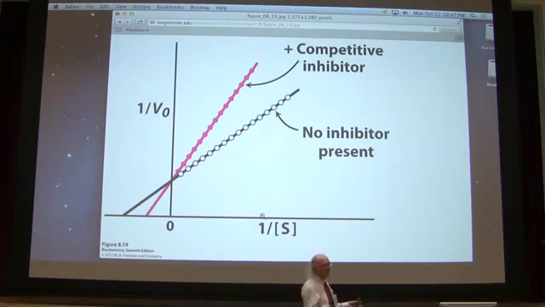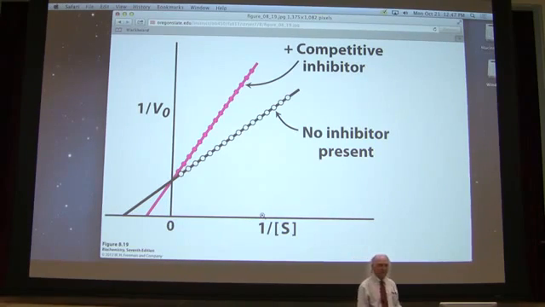Vmax has to be the same for the two of them, so they're going to cross at that point. Km increases, which means minus 1 over Km gets closer to 0. If you were able to look at this plot, you should be able to say, oh, wow, that's competitive inhibition. Because same Vmax, different Km values.